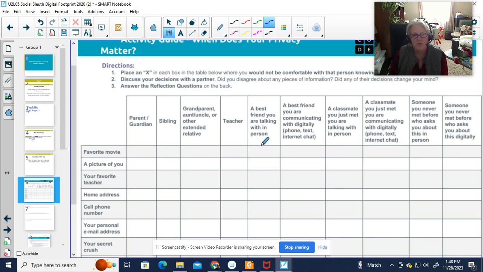You're talking in person or you're communicating digitally. You have a classmate. You're talking in person or you're communicating digitally, whether that's like messaging through Schoology, something like that. And then here's the last one, someone you've never met before, but who may ask you this question in person. Now, when on earth would that happen?